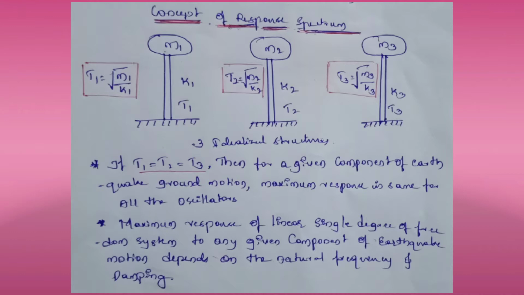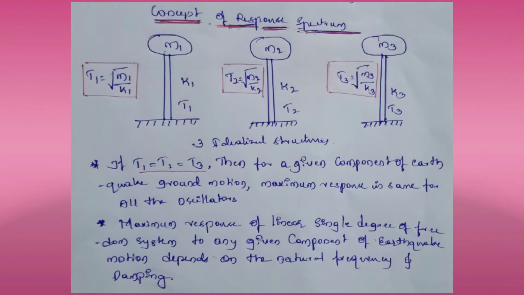The first one has time period T1, stiffness k1 and mass m1. Similarly, the second structure has time period T2, stiffness k2 and mass m2, and the third structure has T3, k3, m3.